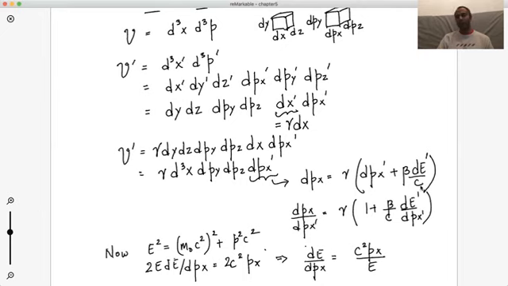Now we can write out the Lorentz transformation. So dpx is just going to be the first element of a 4 vector. So we know how that transforms. So dpx in the unprimed frame is going to be gamma times dpx prime plus beta times dE prime by c. And again, I'm going to now choose the primed frame, as has been customary so far, to be the frame where the small collection of particles are instantaneously at rest.